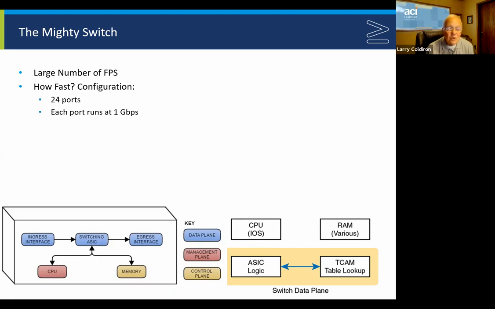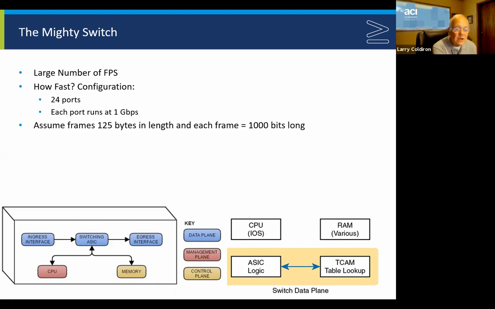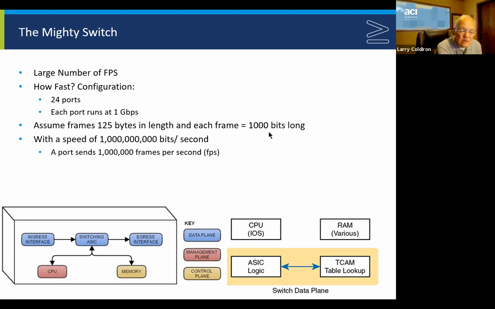If we've got a 24 port switch, each port actively running at a gig, all in motion at the same time, and 125 bytes in a frame, to make the arithmetic easier, each frame is 1,000 bits long.